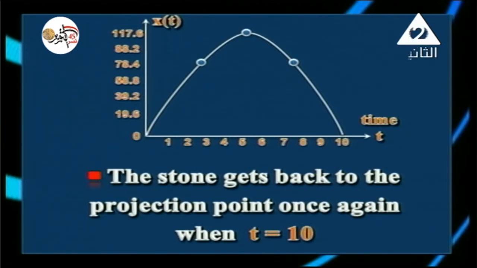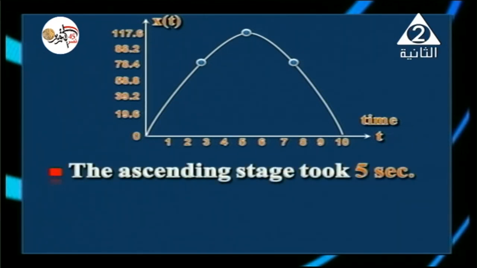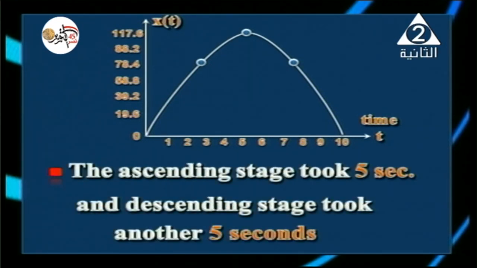It reaches 122.5 when t equals what? t equals 5. The ascending stage took 5 seconds and the descending stage took another 5 seconds.